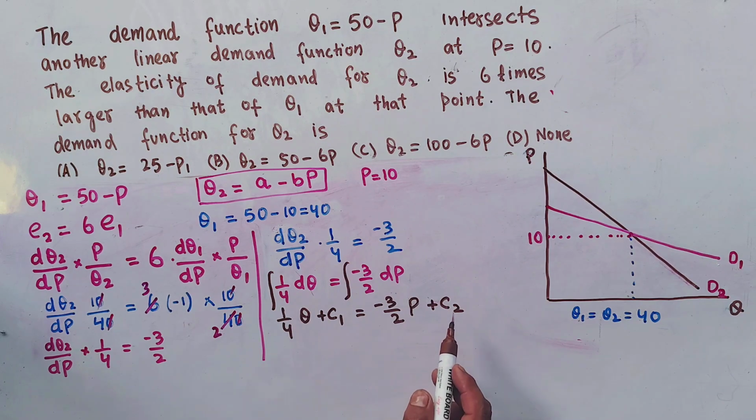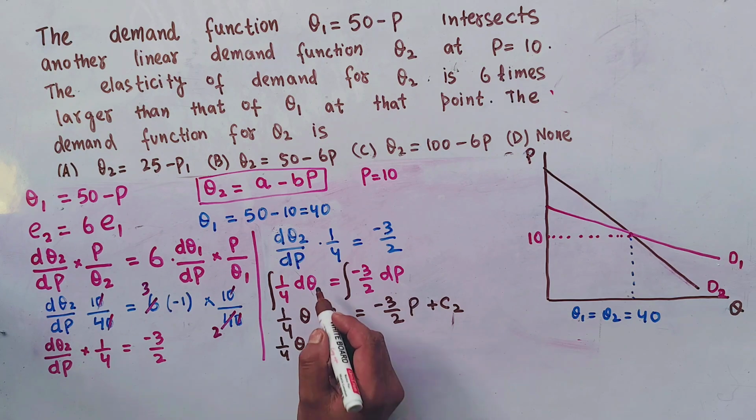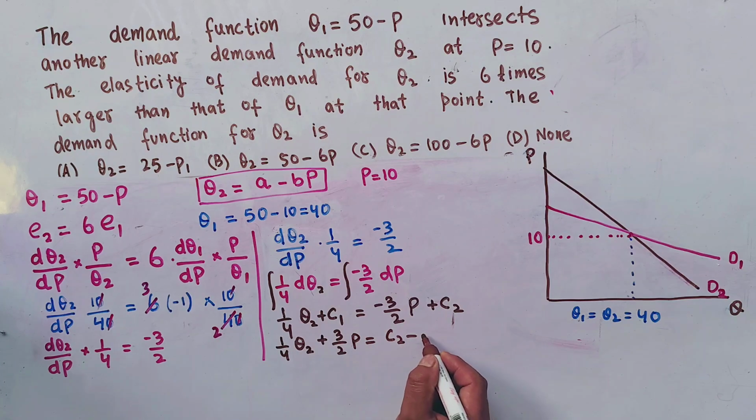Now we can do one thing here: we have 1/4 Q2, with the subscript Q2 specified, then transpose it here, it becomes 3/2 P = c2 minus c1.